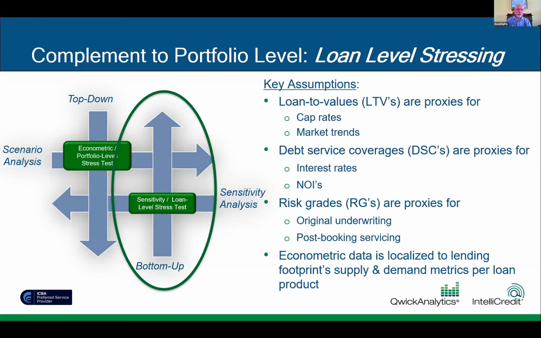Obviously, an overlay that is now very much in the eyes of a lot of the regulators is, okay, what is the econometric profile of the footprints that you're lending into, i.e. the supply and demand aspect. That's the other half of the walnut that you do need to start factoring in, particularly in what you're doing now with CECL and Q&E factors and so forth.